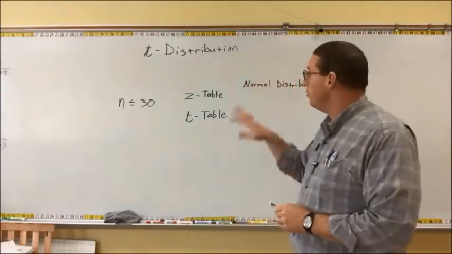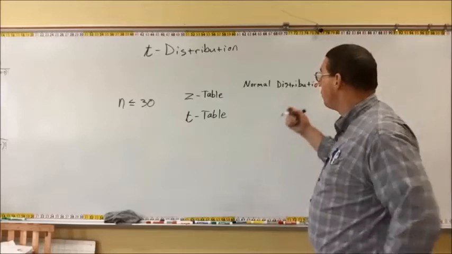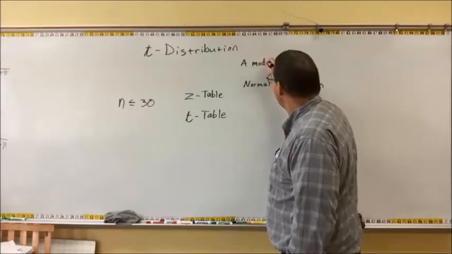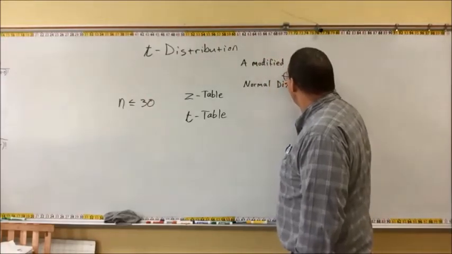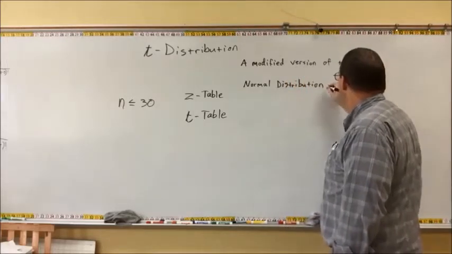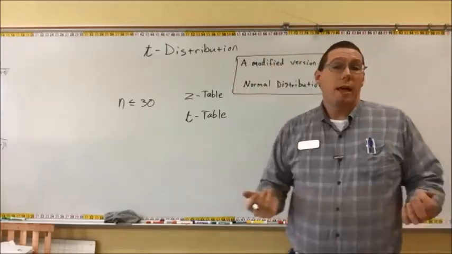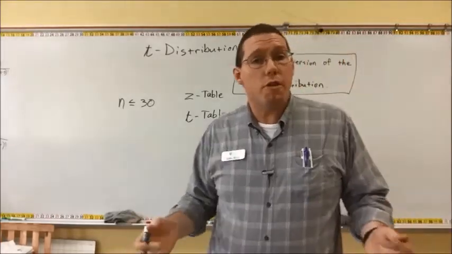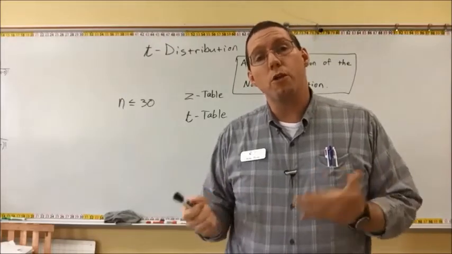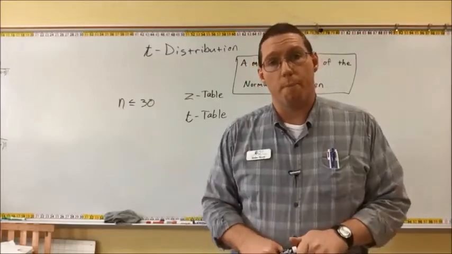All right, let me tell you about the t-distribution. My definition is that the t-distribution is a modified version of the normal distribution. It has most of the same qualities as the normal distribution, and that's one of the reasons we use the t-distribution for a lot of the same things we use the z-distribution for.